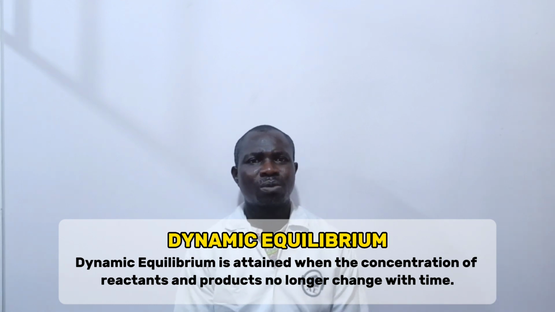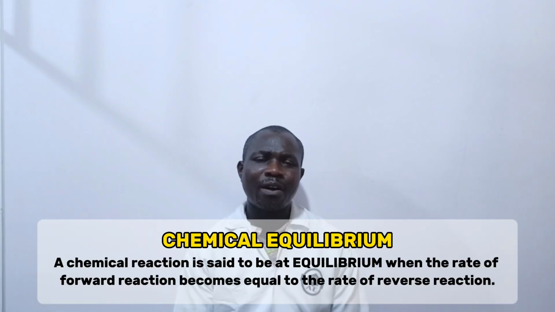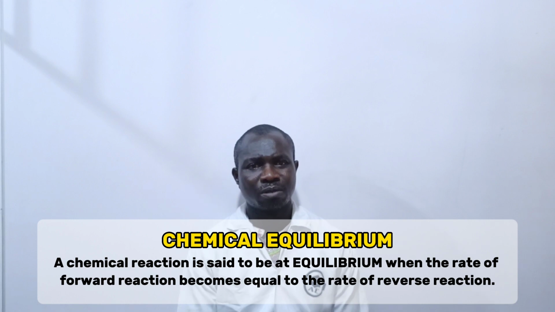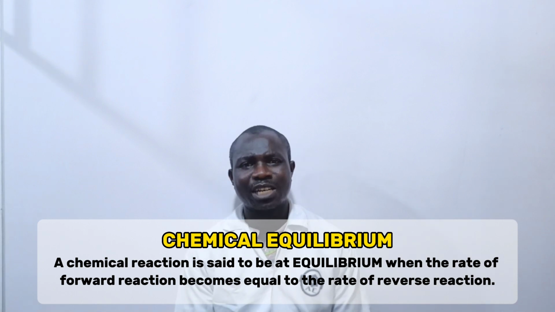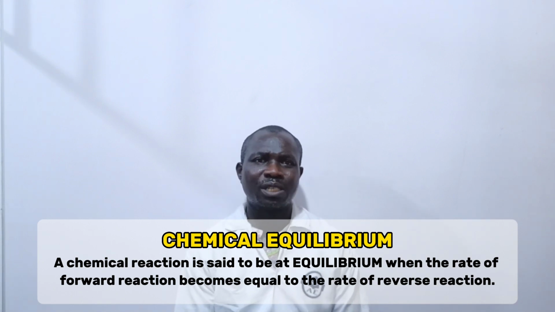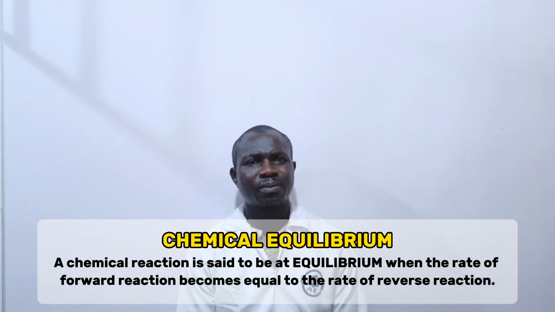On that note, the rate of our forward reaction becomes equal to the rate of our what? Reverse reaction. So when the rate of the forward reaction becomes equal to the rate of the reverse reaction, a chemical reaction is said to be at equilibrium.